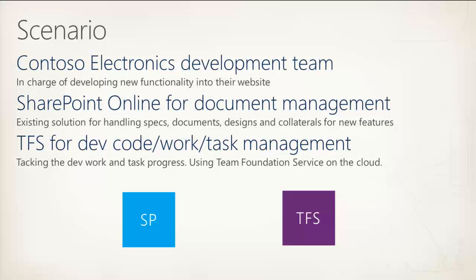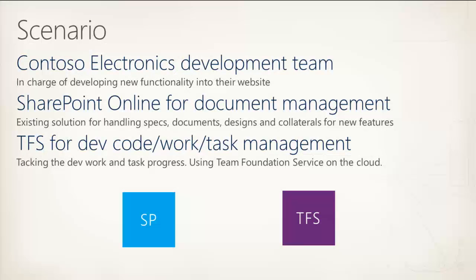So the specific scenario we're going to be looking at, let's imagine for a minute the Contoso Electronics development team, which is the team in charge of developing the Contoso Electronics website, and they have a group of developers and people who work on developing the new features on top of the site. And they already have two things that they are using for working.